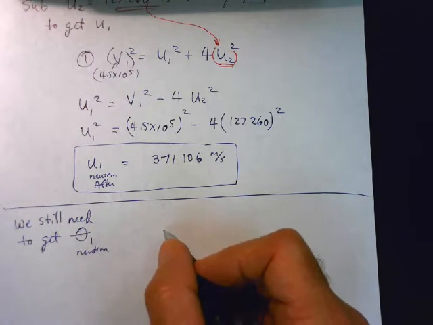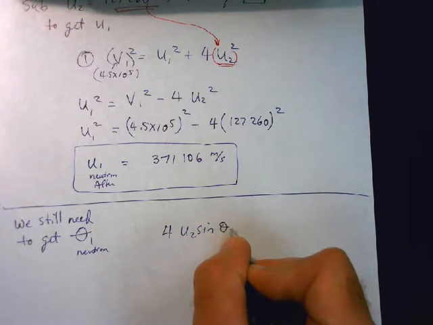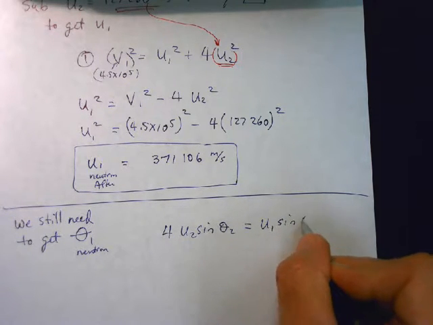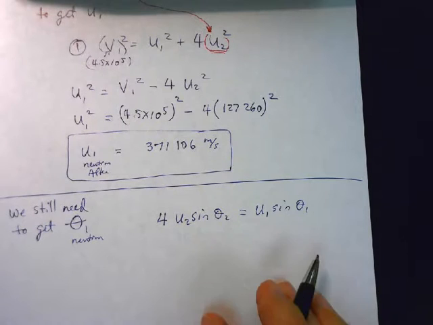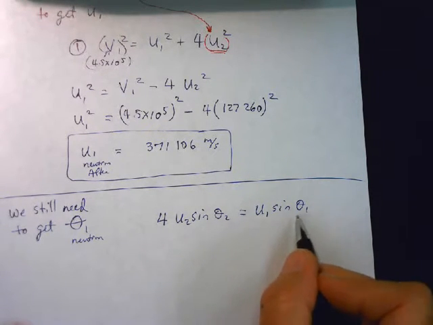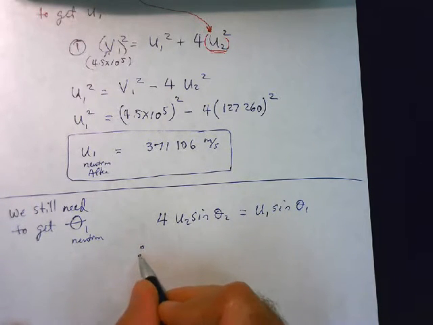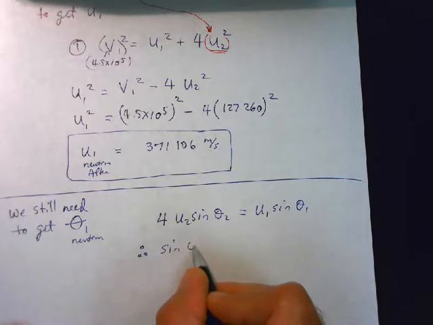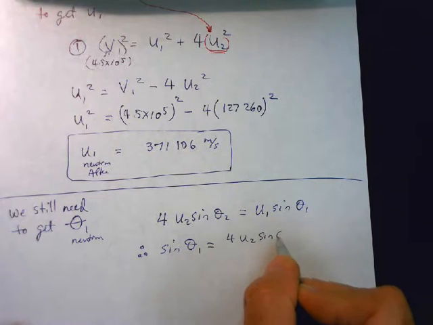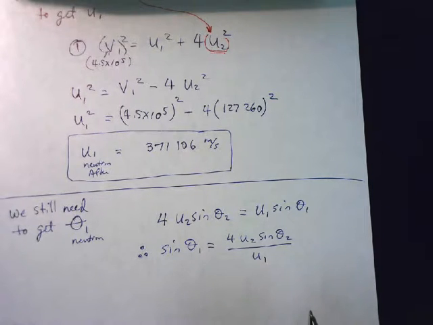If you think back to equation 3, that was 4 U2 sine theta 2 equals U1 sine theta 1. Okay? And we want theta 1, right? So let's isolate sine theta 1. So I'll divide both sides by U1. So we get, therefore, sine theta 1 equals 4 U2 sine theta 2 divided by U1.